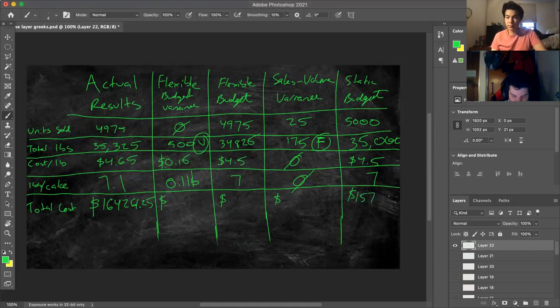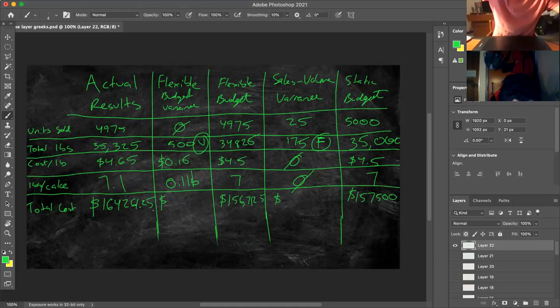And the flexible budget cost I got was 156,712.50. And what are the variances? Let me do that real quick. While you do that, I'm gonna try and fix my AirPods.